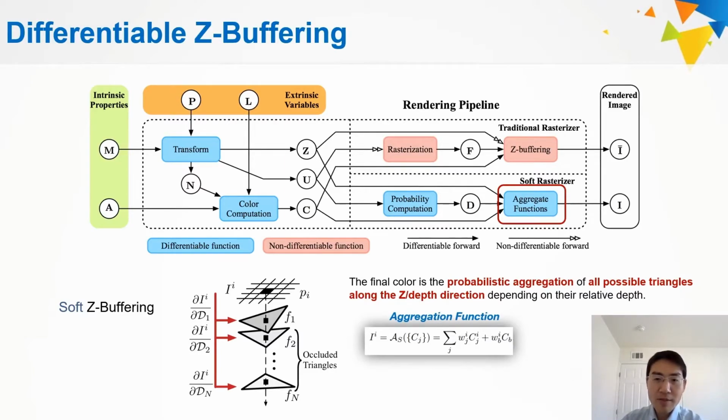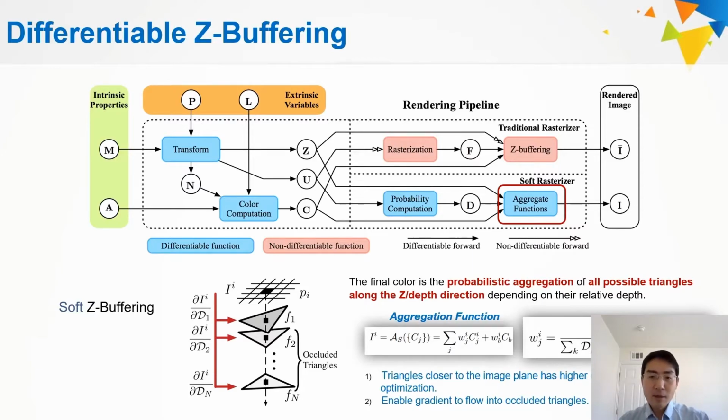We can see that the final pixel is the weighted sum of all these triangles' appearance. And the weights are based on their relative depths. So the closer the triangle is to the pixels, the higher weight it has, so that its contribution to the pixel appearance will be higher than the further triangle pixels.